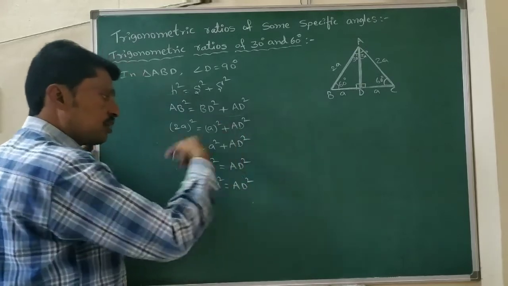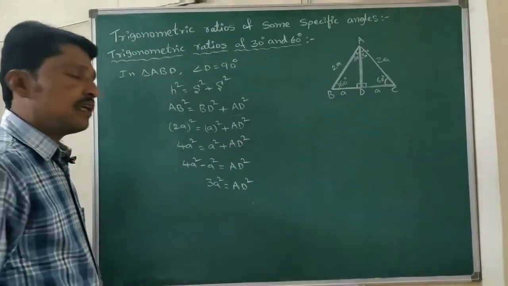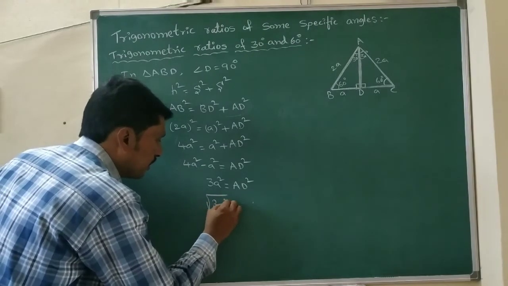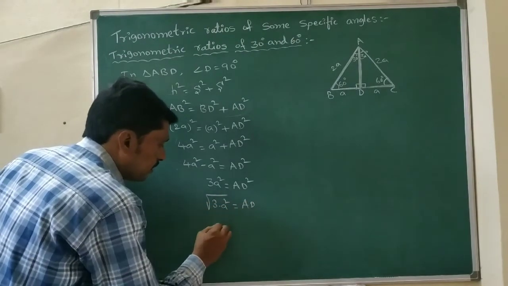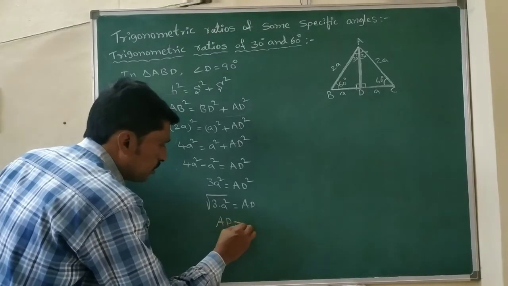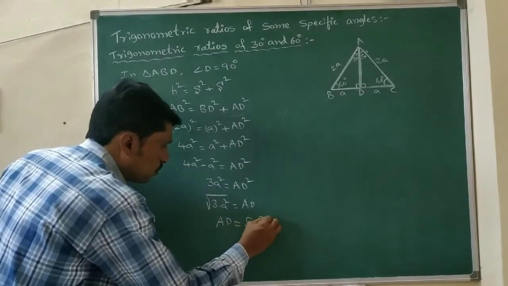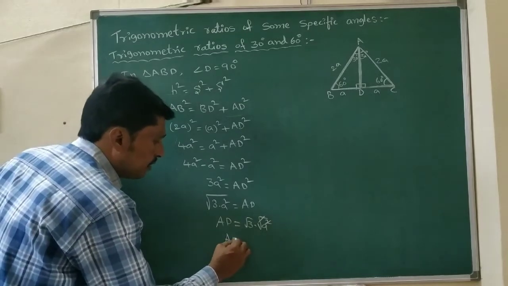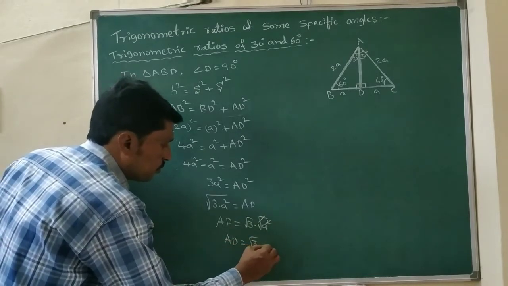The square we can take to the other side as a root. So AD equals root of 3 into a square, therefore AD equals root 3 into root a whole square. The square root gets cancelled. AD equals root 3 into A.